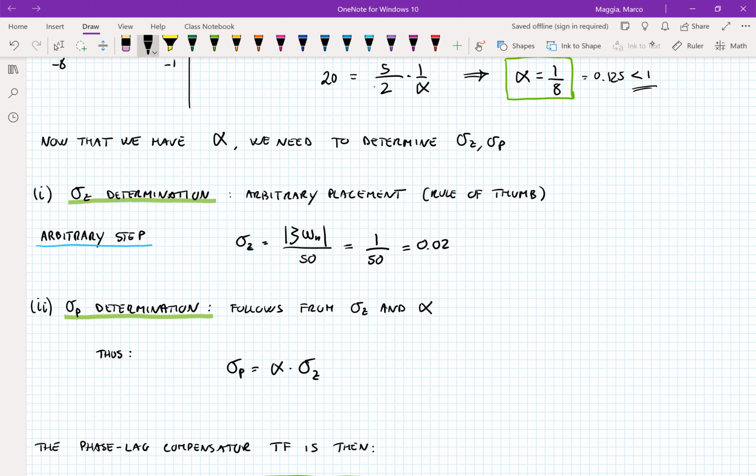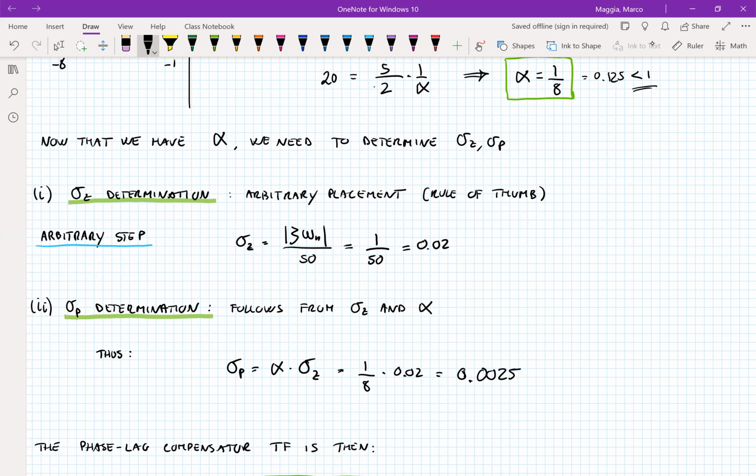We have both alpha and sigma z. And so we have 1/8 times 0.02. And so we find the value for sigma p and therefore the location of the pole. And in this case, it is equal to 0.0025.